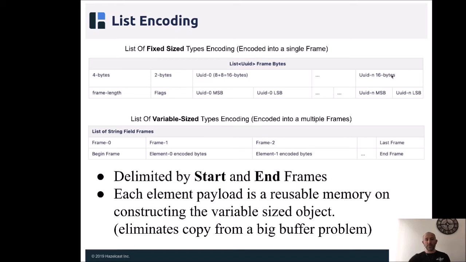Okay. But for variable size types encoding, we use begin and end frames. And we encode each element as one frame. So this way we can represent a list of variable size.